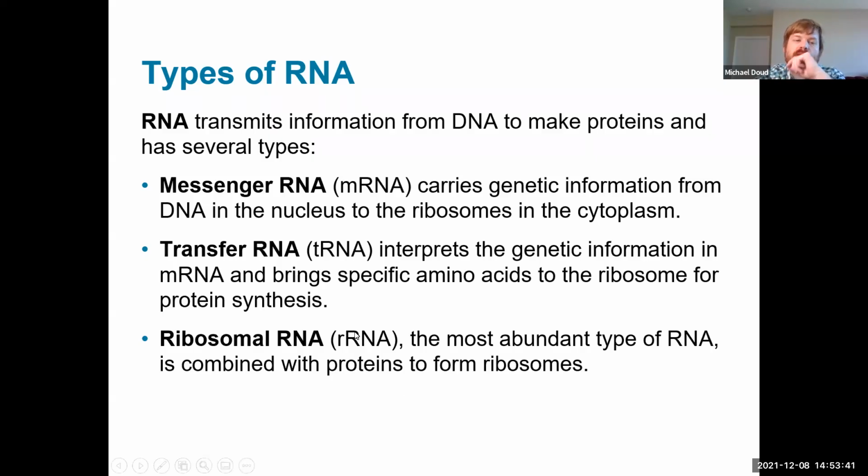That's transfer RNA. And then ribosomal RNA is used in combination with proteins to form ribosomes. So if you've had your cellular biology class, you may know that ribosomes are the location where proteins are made, manufactured, translated. So RNA functions in all of these ways to work with ribosomes to produce proteins.